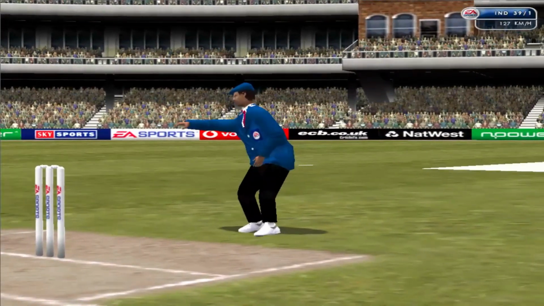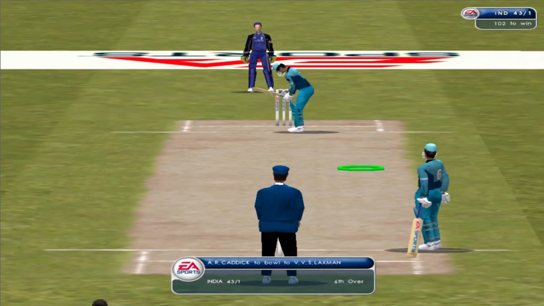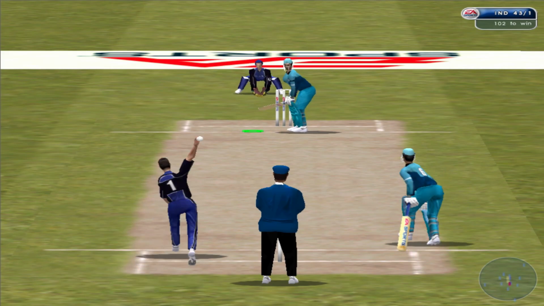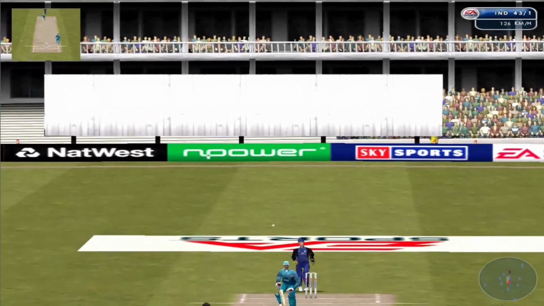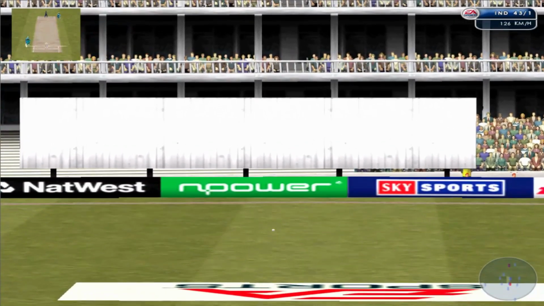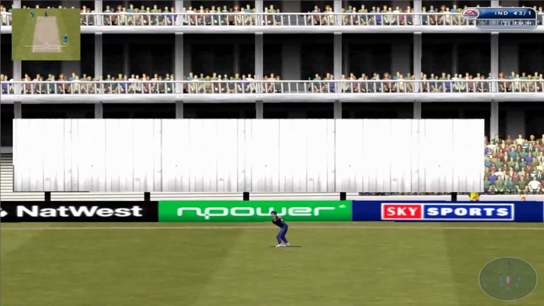Too short, too wide. Not a great delivery. Carrick to bowl to Laxman. Laxman has moved into the 20s and is starting to look far more relaxed.